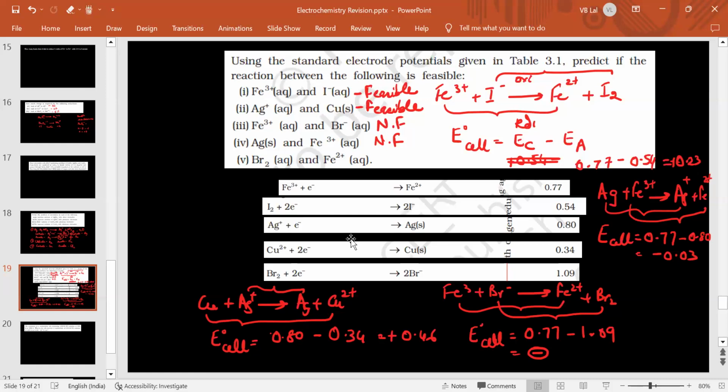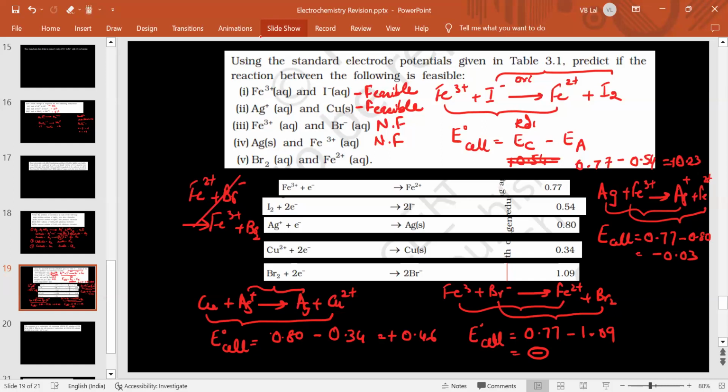Miss, it is Fe2 plus and Br2, miss. Okay. So it will be Fe2 plus and Br2. What will it change into? Fe2 plus will get oxidized to Fe3 plus, and Br2 aqueous will change into Br minus.